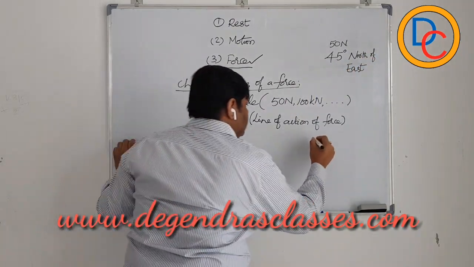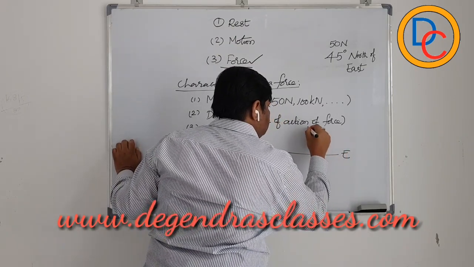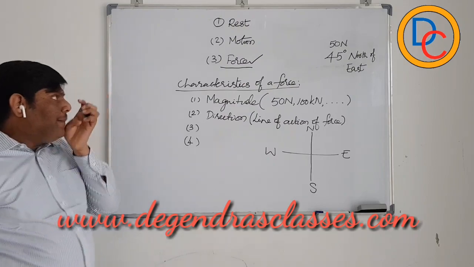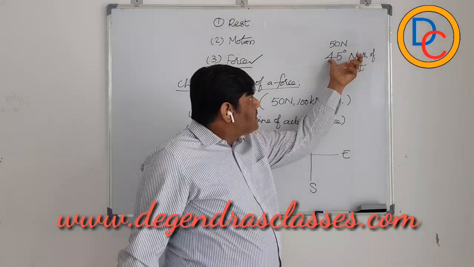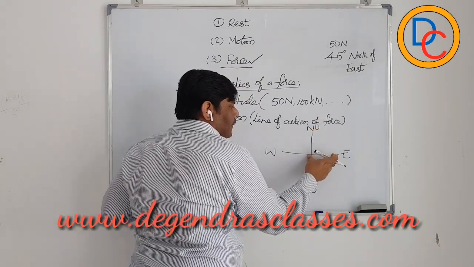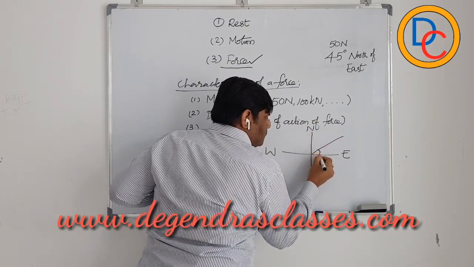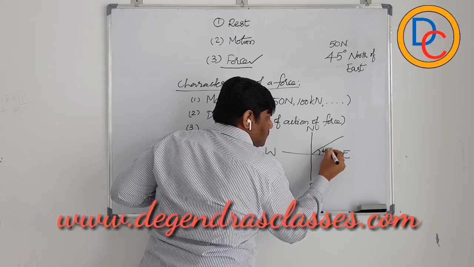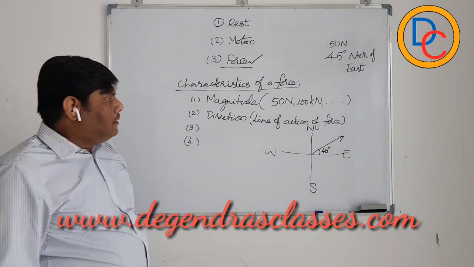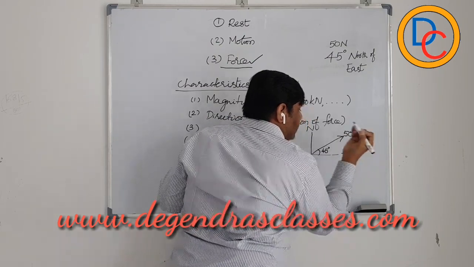So I will consider it like this. This is east, this is north, this is south, this is west. Now the direction is given as 45 degrees north of east. This is the direction, and this force has a magnitude of 15 Newton.